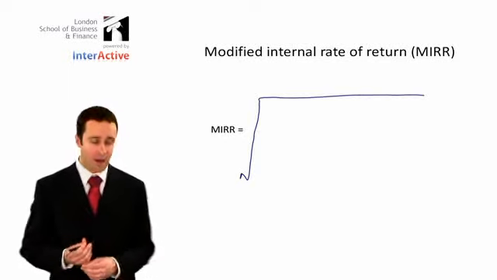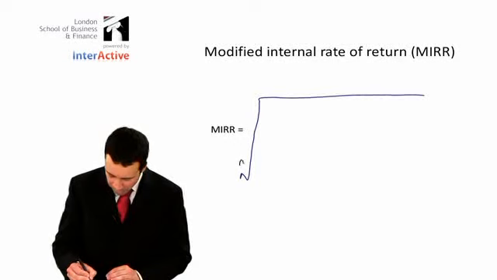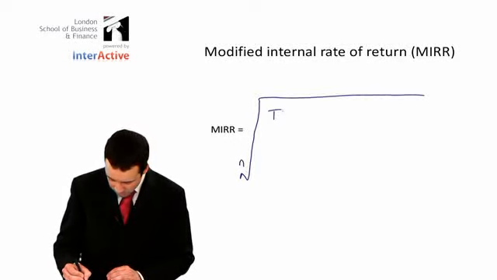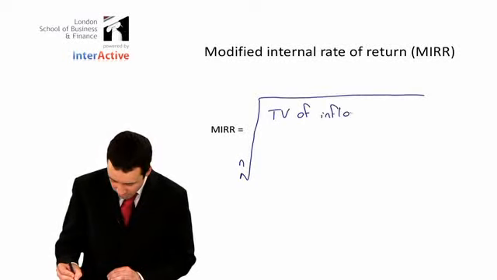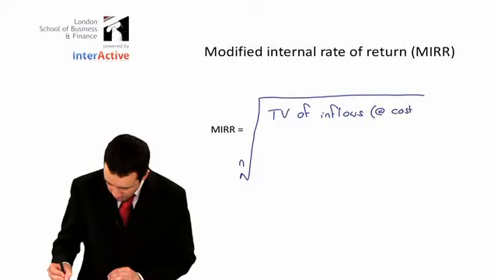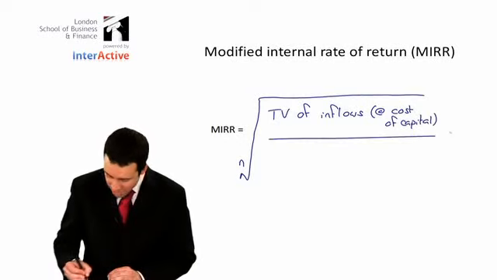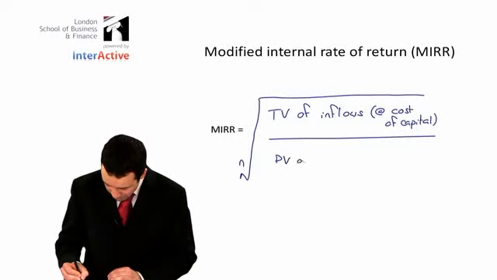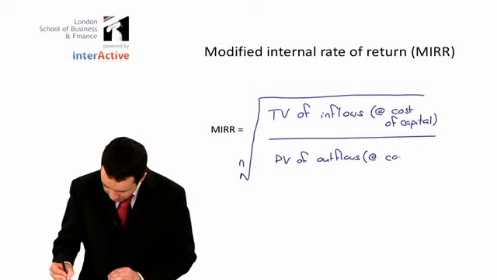Now, to calculate your MIRR, we take the nth root of the terminal value of the inflows, which will be at the company cost of capital, and we divide that by the present value of the outflows, which again is at the company cost of capital.